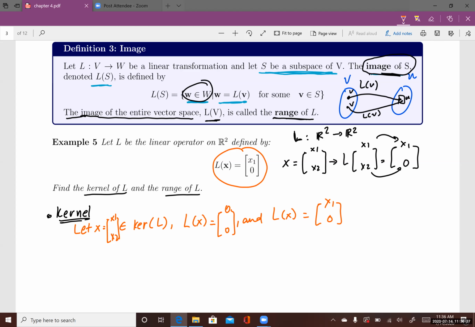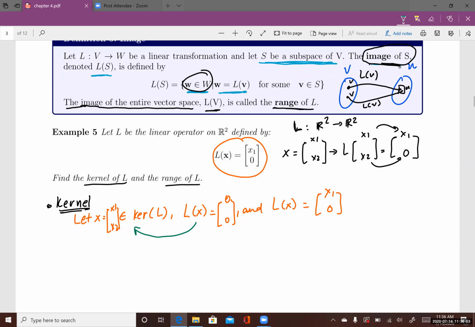Now this is the fact that x is in the kernel, and this is just the description of the linear transformation we're given.